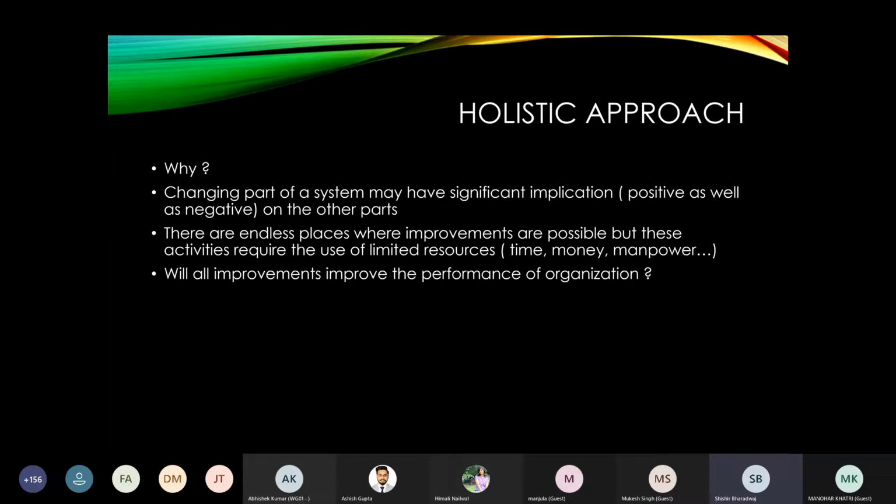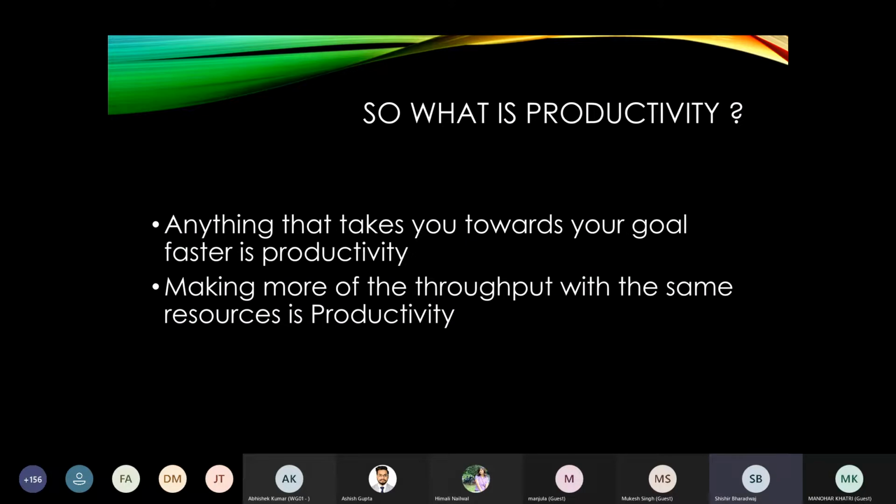The argument up till now has been that if we start looking at the organization in small parts, individual parts, we are optimizing the subparts, and hence we are suboptimizing the overall organization. So before we come down to talking about productivity, one should have a working definition of productivity.